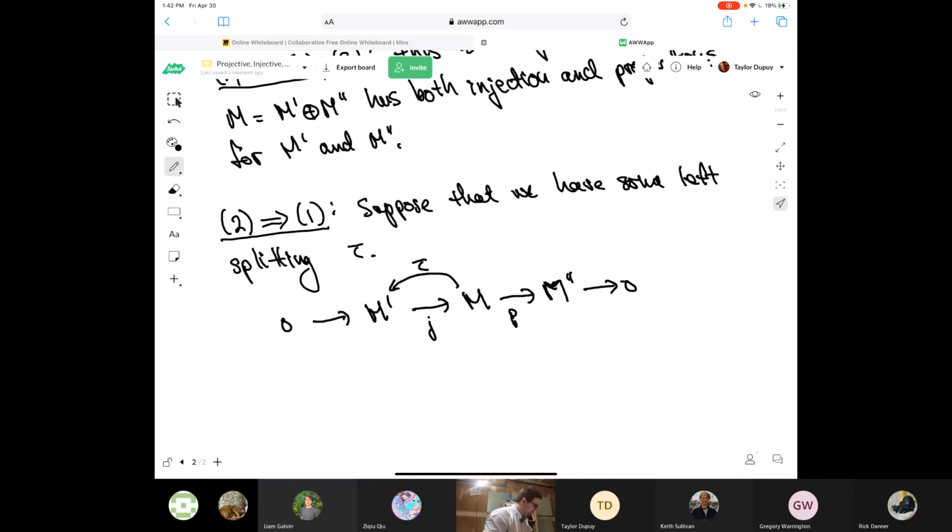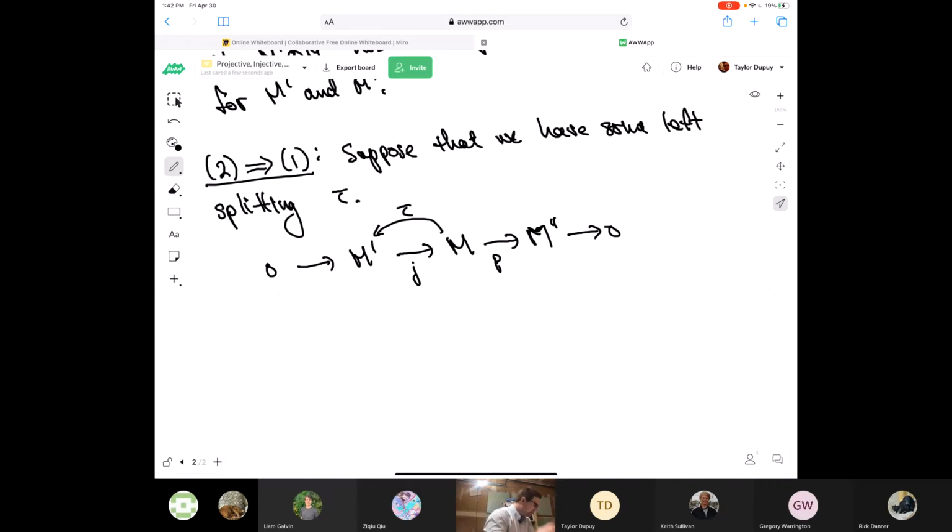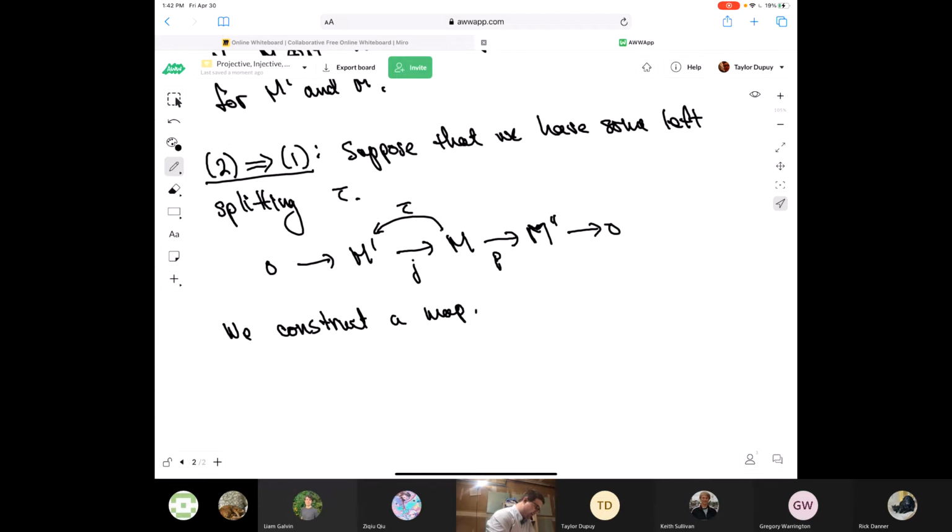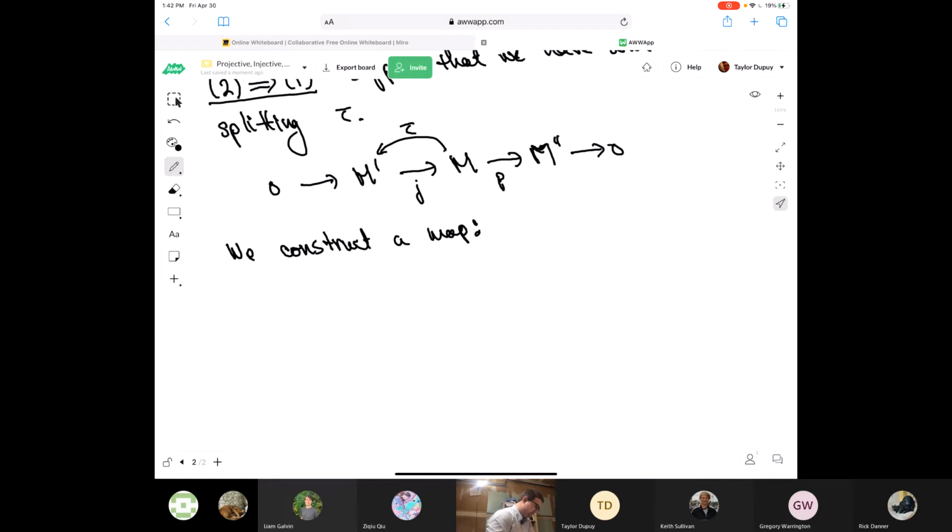What we need to show is that there's a map, so we construct a map. Let's just write down the map.